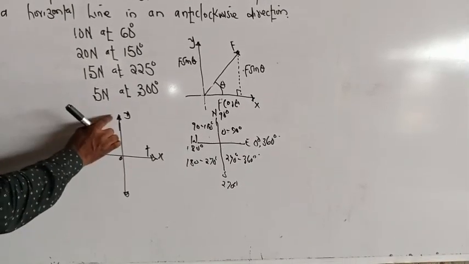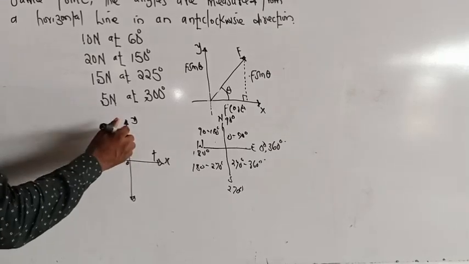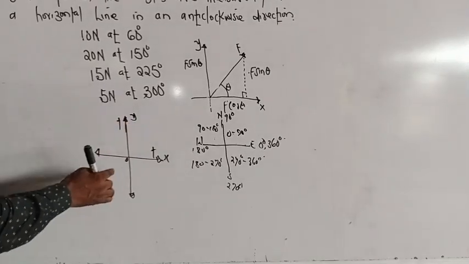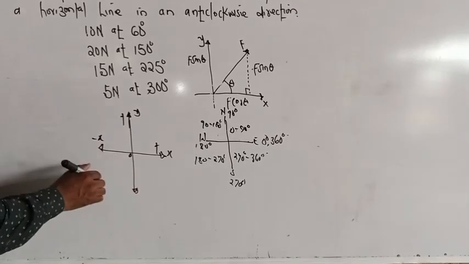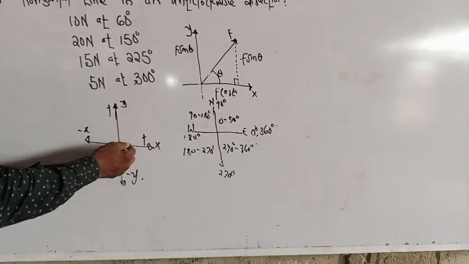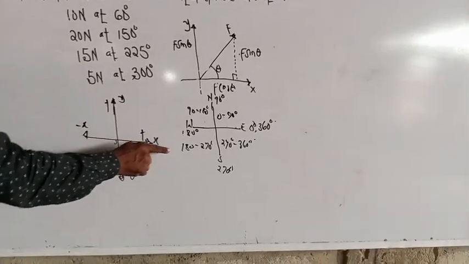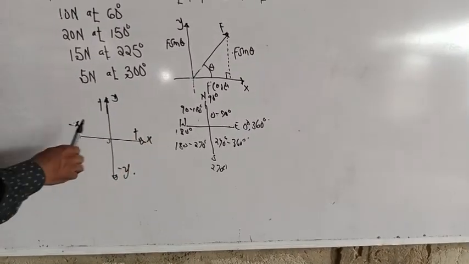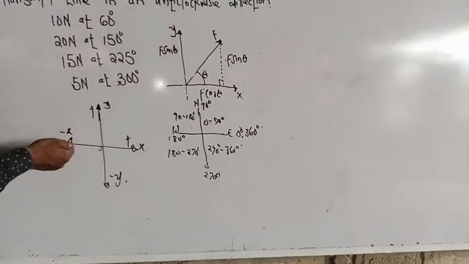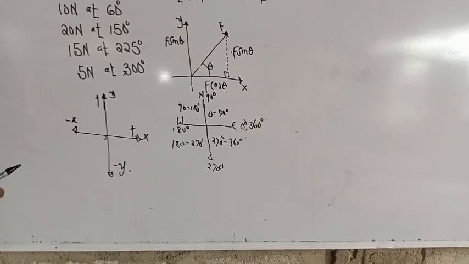If it's acting from the reference point upward, it's a positive y value. From the reference point to the left hand side is a negative x value. From the reference point down, it is a negative y value. If I'm resolving the force and the arrow is pointing towards the positive direction, that force becomes positive. If the arrow is pointing in the opposite direction, it's a negative force.